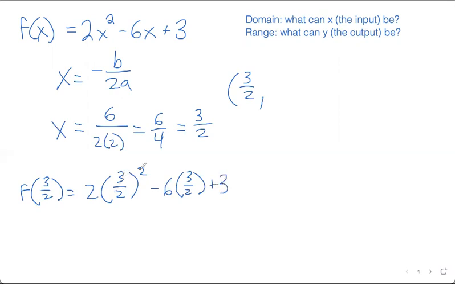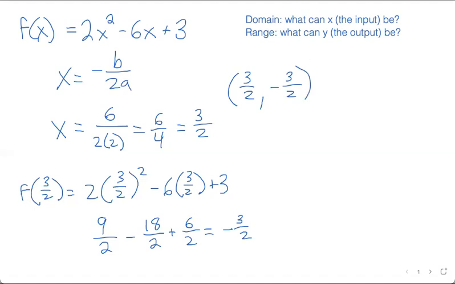So this is 9/4 times 2 is 18/4, which is 9/2, minus 18/2, or 18 over 2, plus 3. I need a common denominator, so I'm going to write plus 6 over 2. So let's see if I can do this right. 9 minus 18 is negative 9, plus 6 is negative 3, so negative 3 over 2. Okay, so that's the Y coordinate of the vertex.